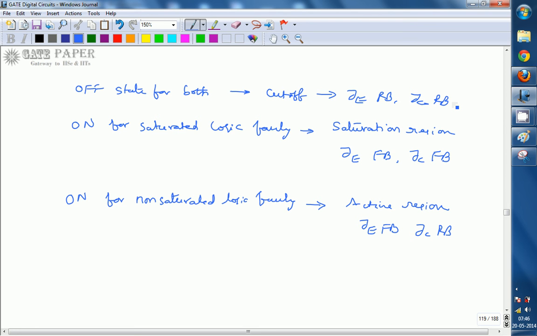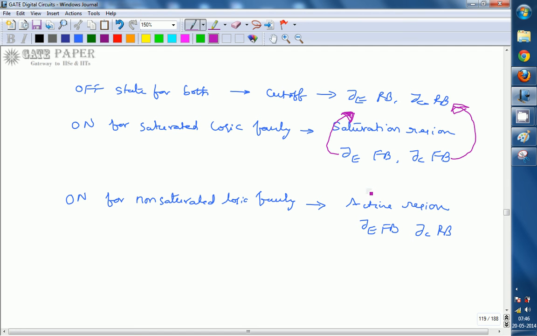If it is a saturated logic family, on to off means on condition has both forward biased, off condition has both reverse biased. So you must make the emitter base junction go from forward to reverse bias, and the collector base junction also from forward to reverse bias.